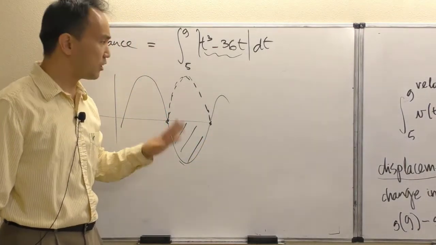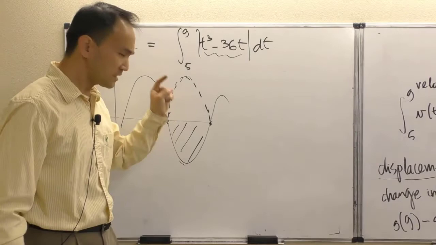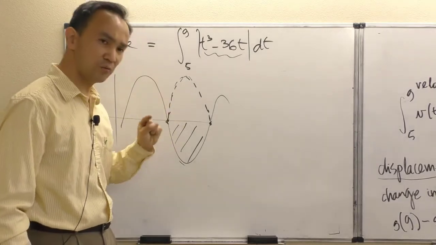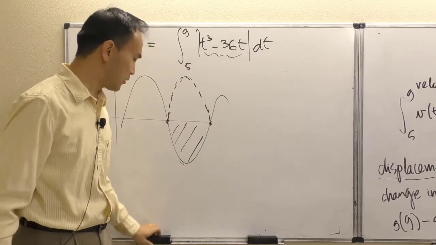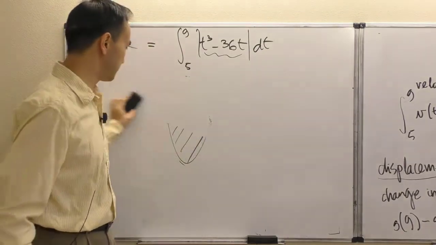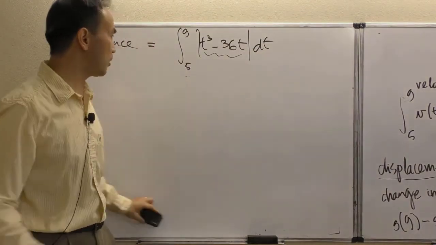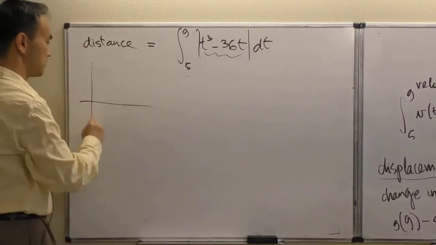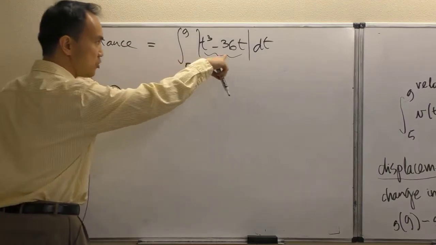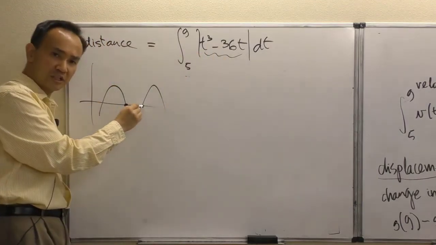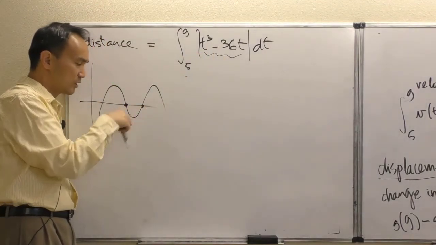And so, taking that philosophy in mind, we definitely have to see the graph, or at least do some math, because we need to find out where our function t cubed minus 36t will cross the t-axis, the horizontal axis, to sink below.